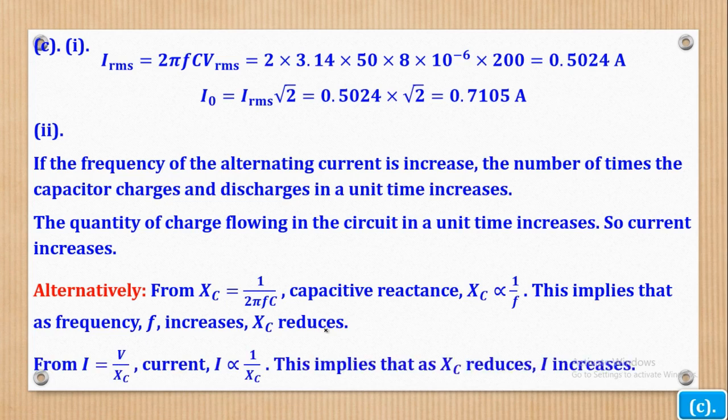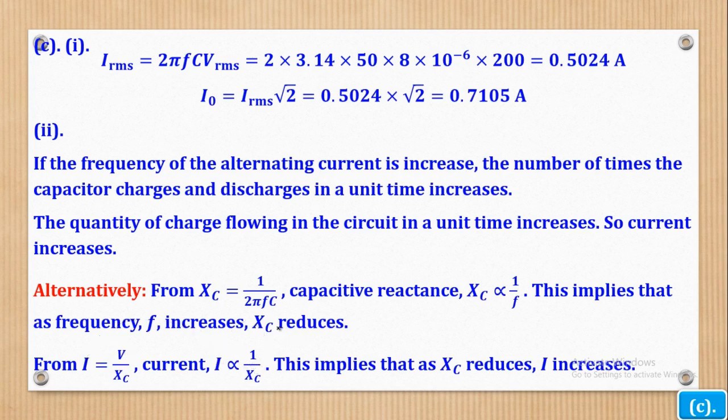So now that we know the capacitive reactance has reduced, we know that I is equal to V over capacitive reactance. Therefore, when V is constant, it implies that I is proportional to 1 over capacitive reactance. So I is inversely proportional to capacitive reactance. So what does that mean?